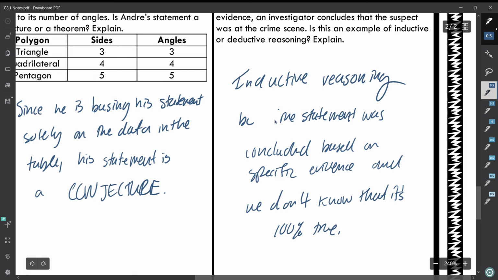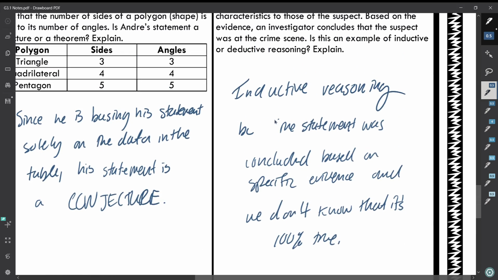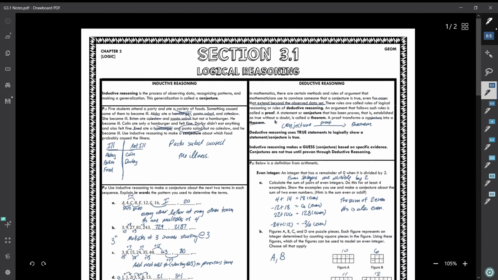That's why we have trials, basically, right? Because if you don't present your evidence enough, you don't present this with airtight logical reasoning, then stuff like this can come out. Okay? And that's our video for lesson 3.1, logical reasoning.